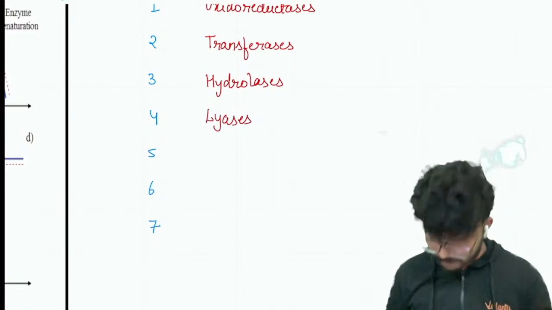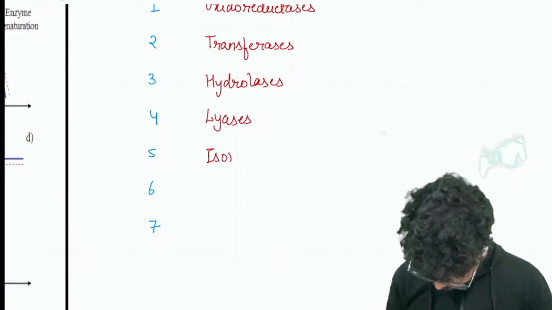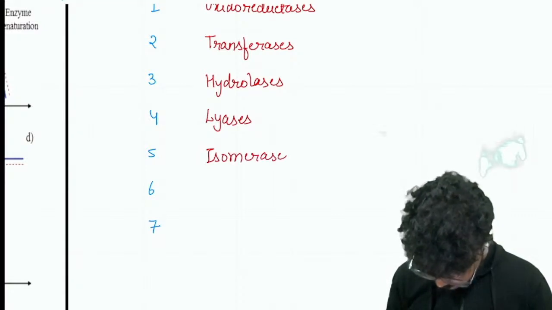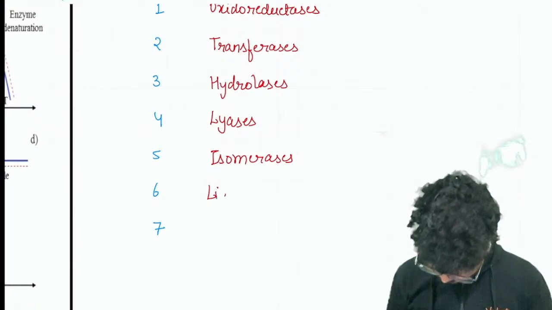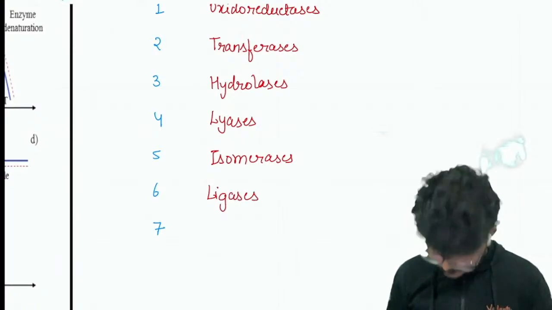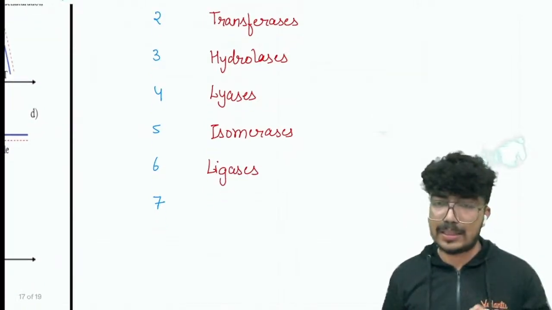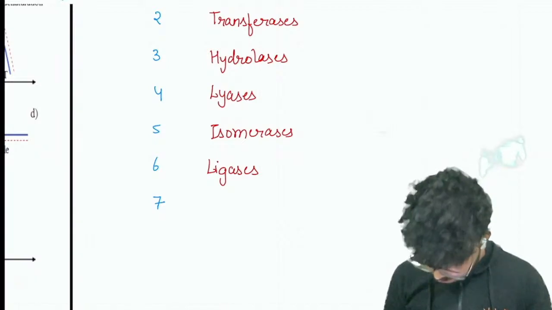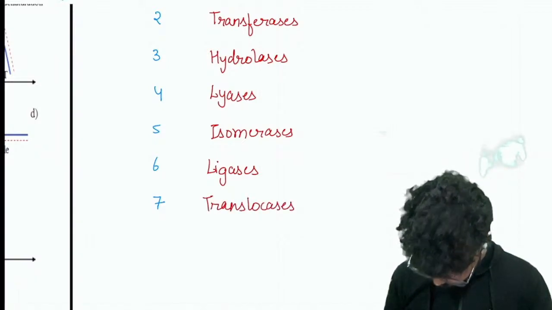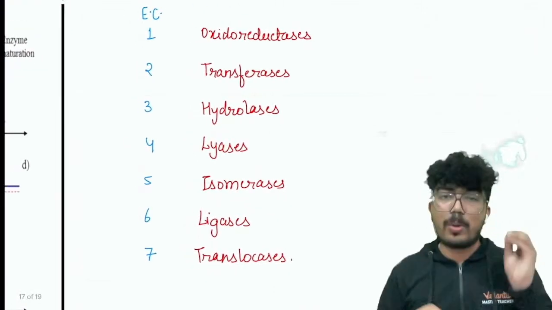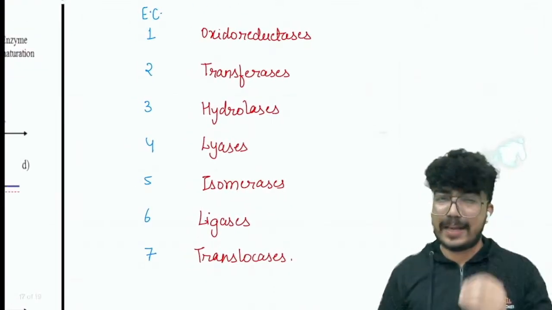The fifth one, the isomerases. The sixth one are the ligases. And the seventh EC number shows the translocases. Okay, so now I will tell you about each and every single category.